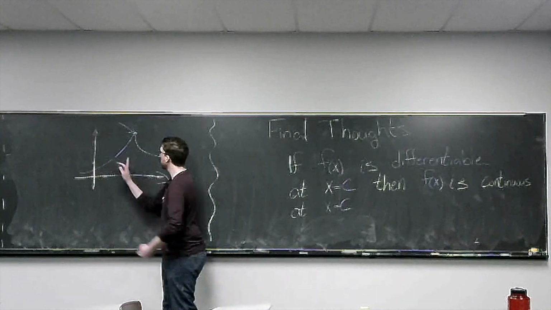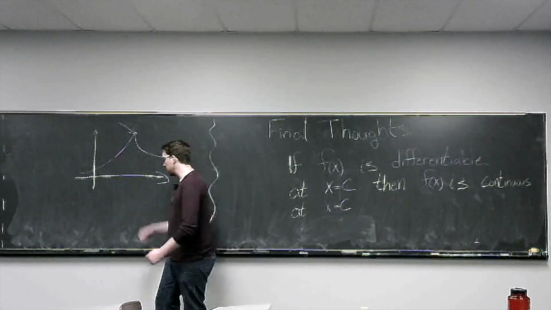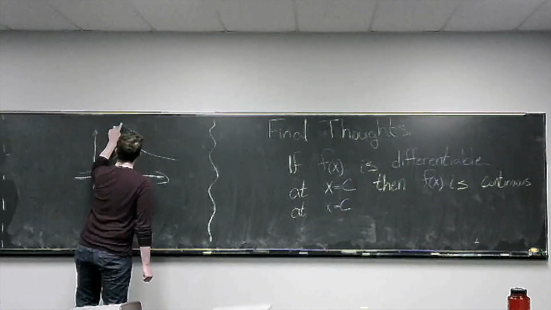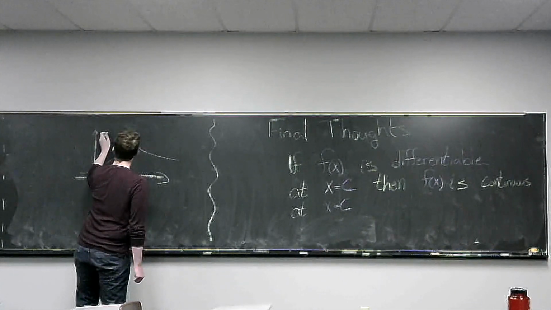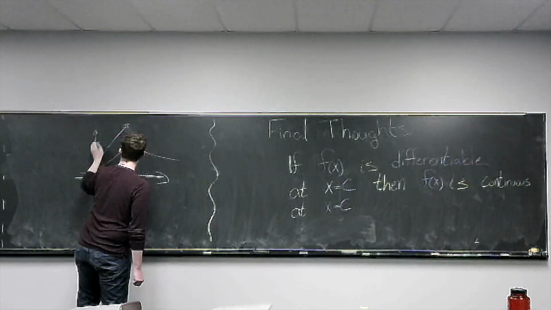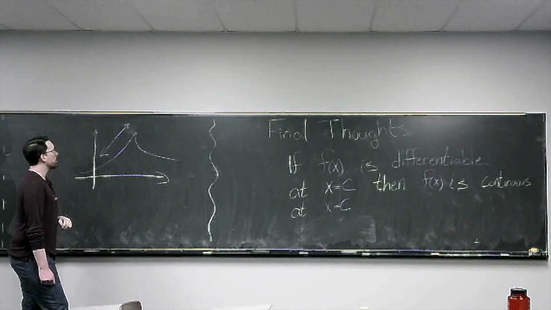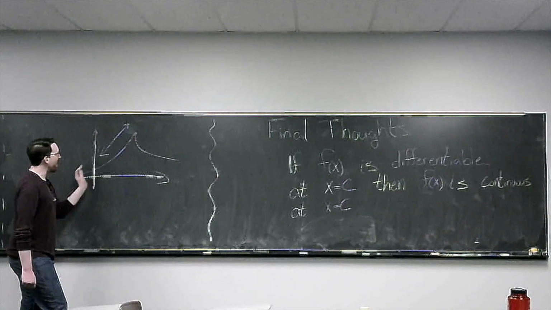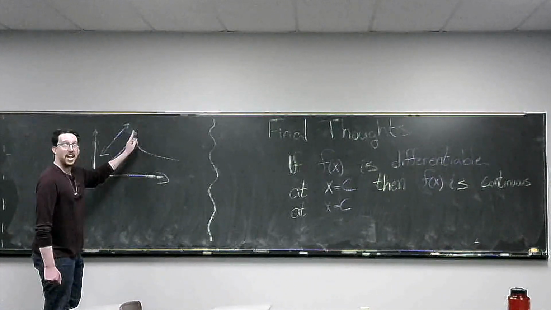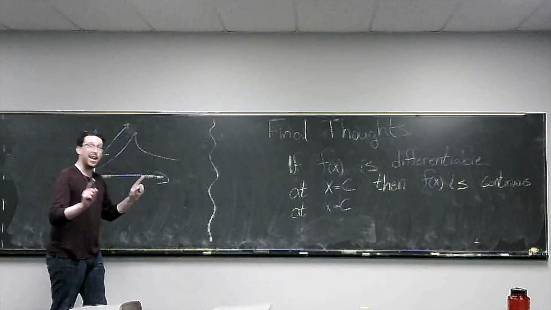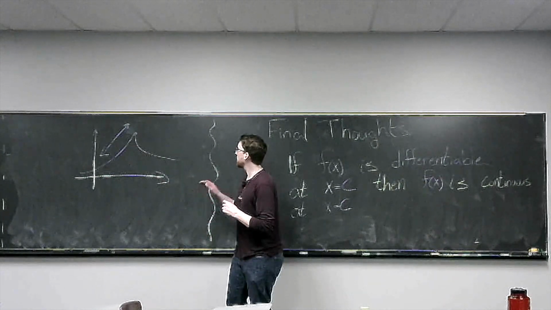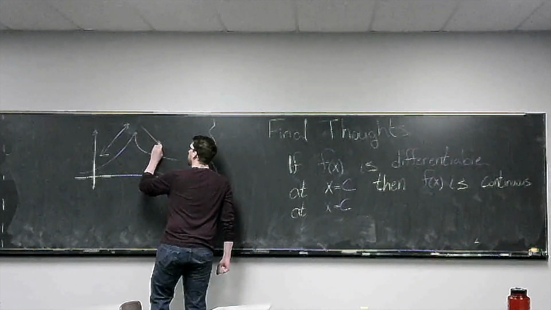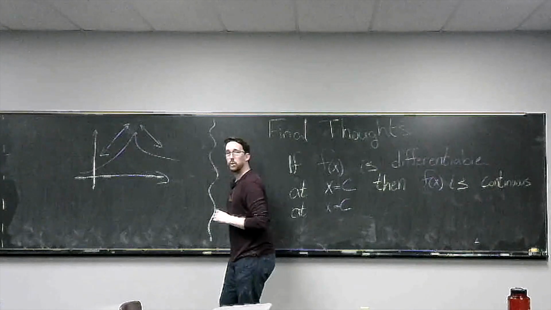From the left here, this tangent line looks like it'll have a negative slope, right? My mistake, a positive slope. I meant to say a positive slope. Sorry about that. From the left, this tangent line should have a positive slope. However, coming at it from the right, so coming at it this way, our tangent line should have a negative slope.